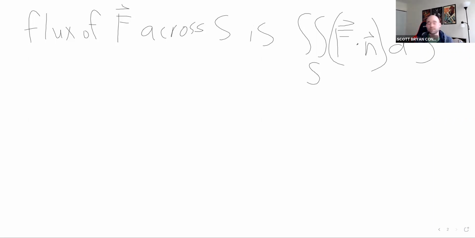And we say that's the flux of F across S. You could also say the integral of F, the vector field F, if we're not considering F to be a vector field or anything physical of that nature. Anything physical, just a normal vector field.